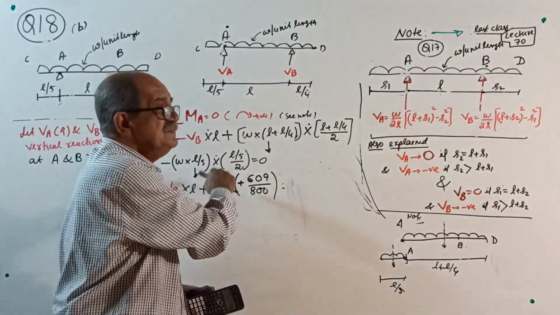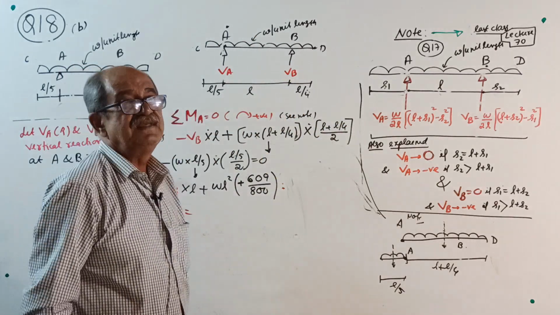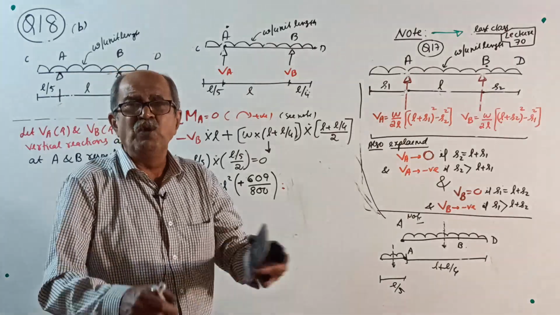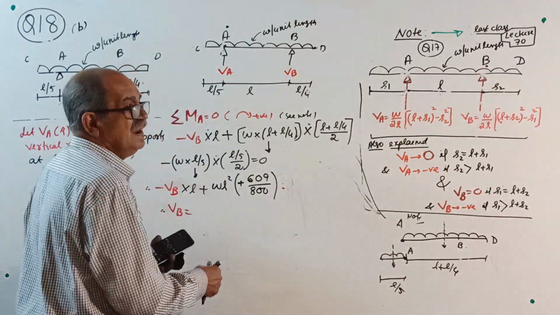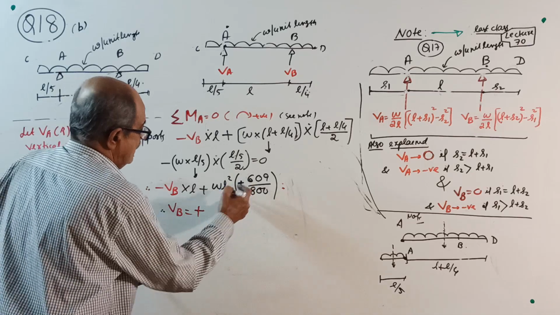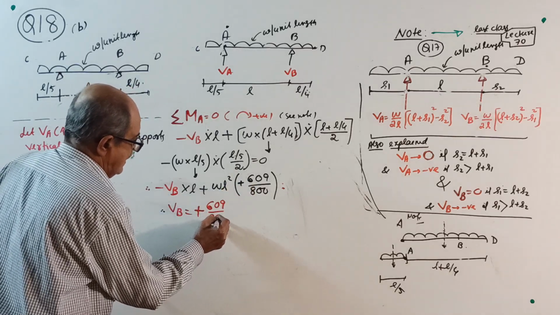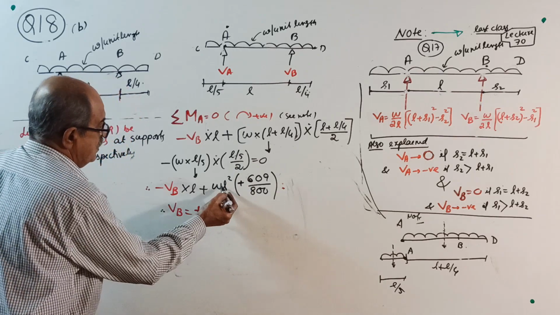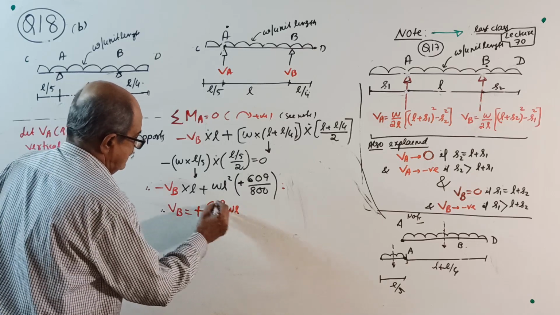Here also plus, there also plus, then interchange. Someone told me, sir, then again both will become minus. Interchange. Oh, sorry sir, got it. See, there is a limit. For engineering students, it is plus 609 by 800 times what? WL square by L is WL is the answer.